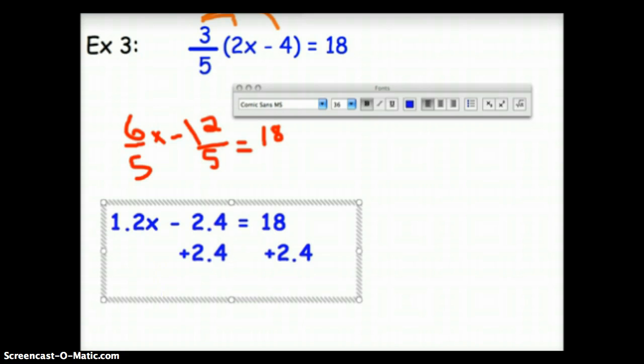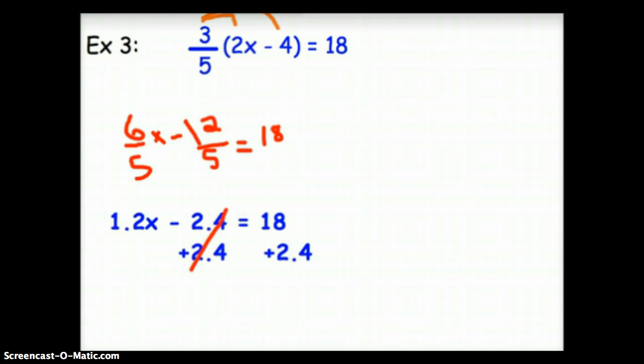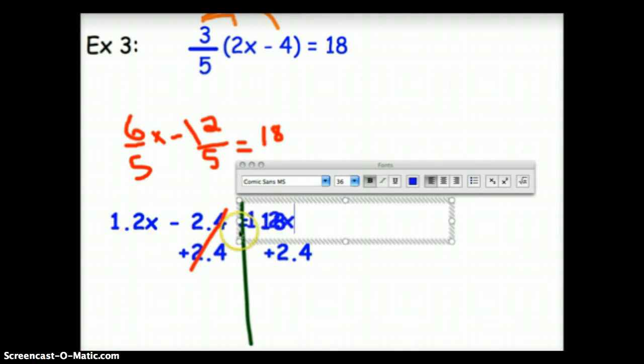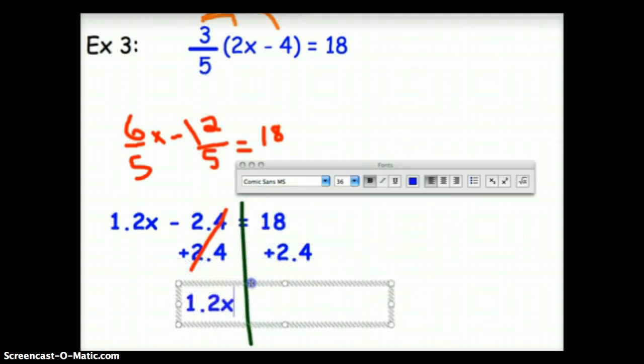Those values cancel. And we're left with 1 and 2/10 x equaling 18 and 2 and 4/10 is 20 and 4/10. Divide both sides by 1 and 2/10.